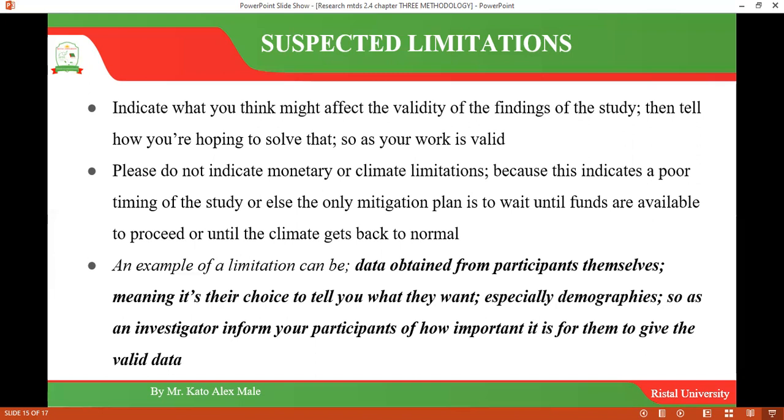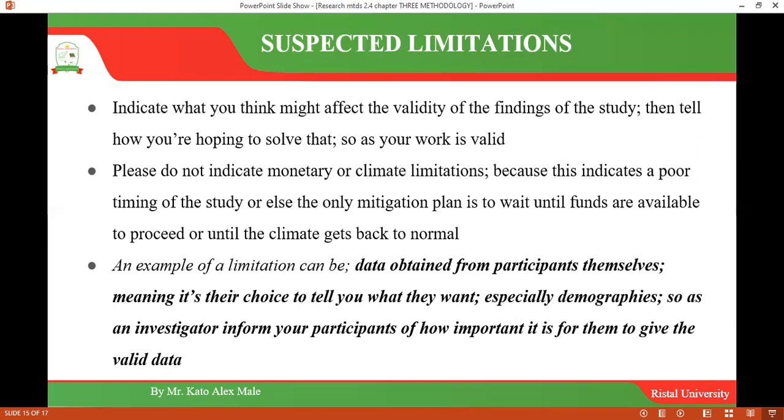We cannot tell you to stop the study because participants might tell you lies. However, a mitigation plan is that as an investigator, inform your participants of how important it is for them to give you valid data.